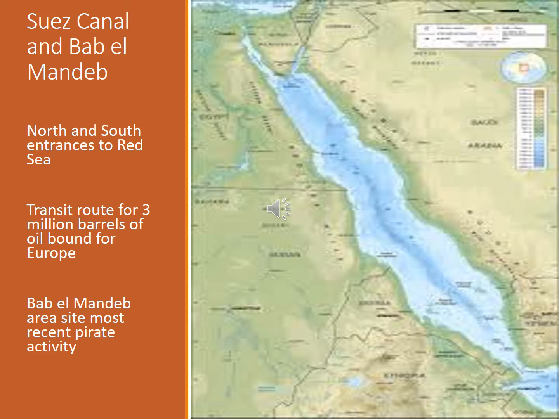A related area of interest is the Suez Canal. Its northern entrance up by Egypt, the Sinai Peninsula, as I think we all know, is an artificial waterway. It was dug by the British and the French in the late 19th century.